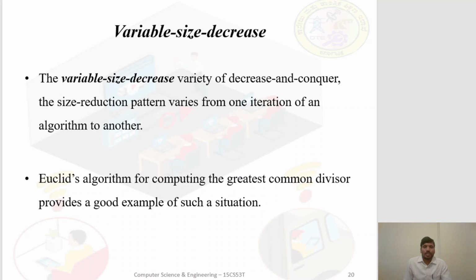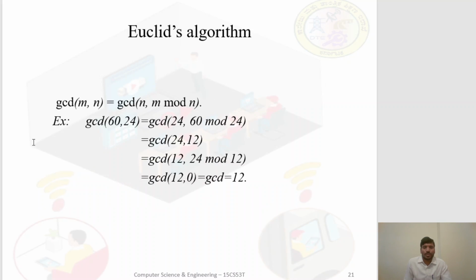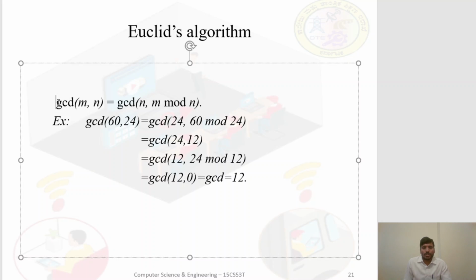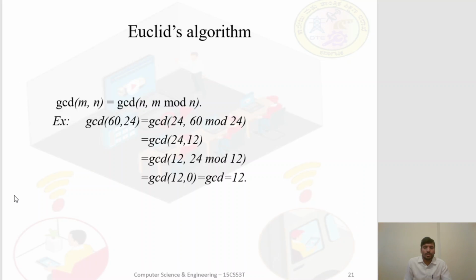So what was the algorithm logic? So here it is the algorithm logic. In brief, GCD of m comma n is GCD of n comma m mod n.